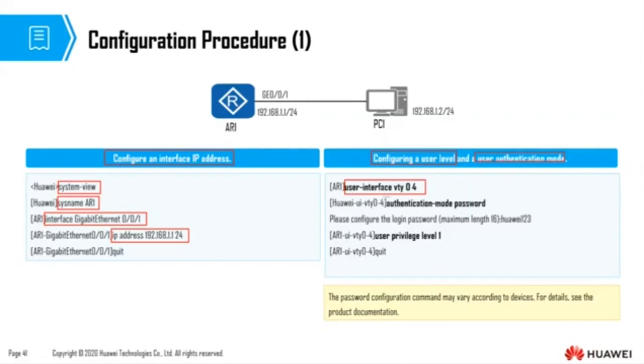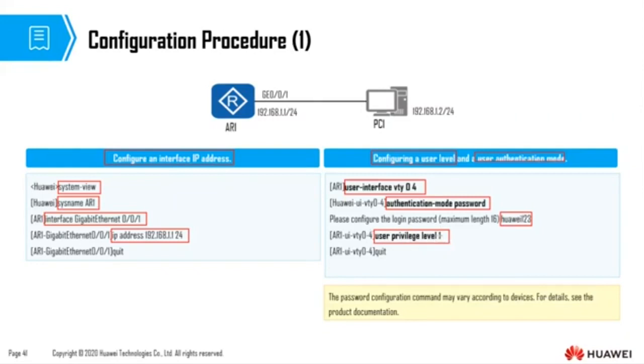Now, authentication mode. We can choose authentication mode password. The command is authentication-mode space password. So once we do that, and then we press enter, it's going to give us a chance to type the password that we want. In this case, we're just setting Huawei123. Then after that, on this VTY view, we create the user privilege level.